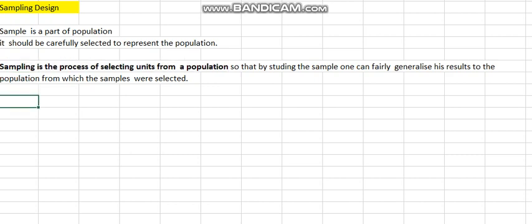Then next we see the concept of sampling design. What do you mean by sampling design?